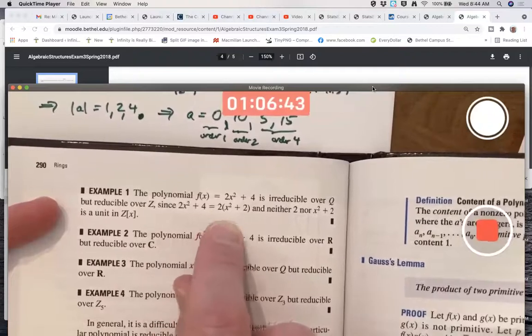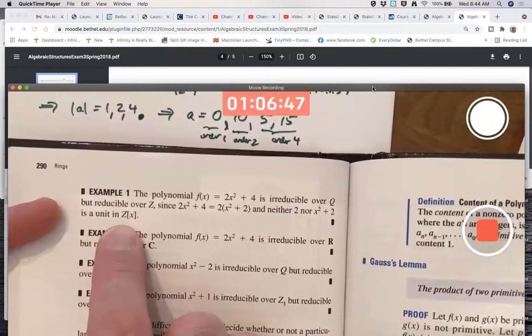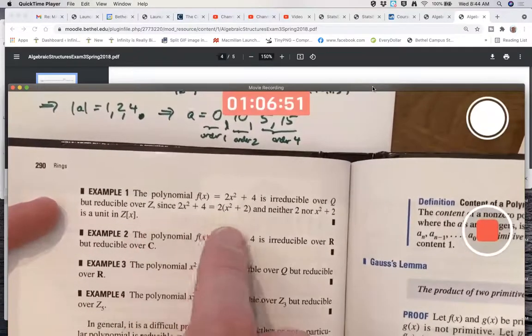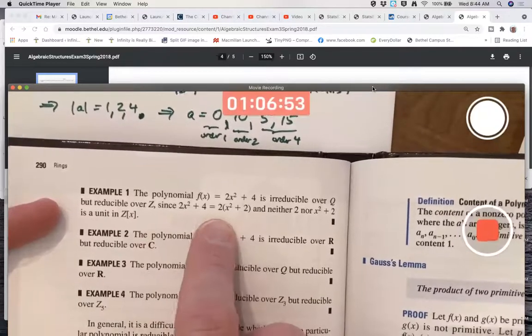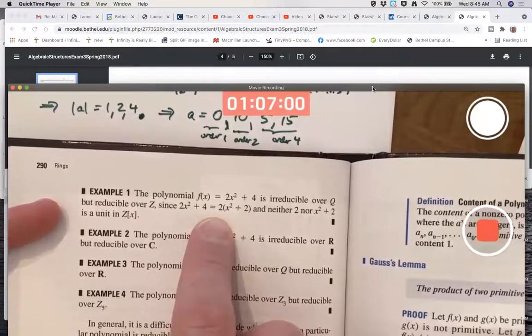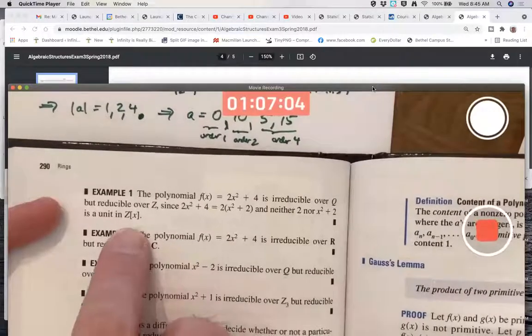But because we can factor it, and neither 2 nor that is a unit in Z[x], technically speaking, it is reducible over Z. Not Q, though, because 2 is a unit in Q[x]. Its inverse would be 1/2. But it's not a unit in Z[x].